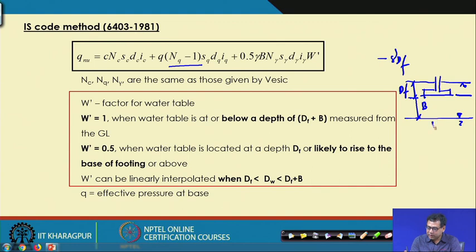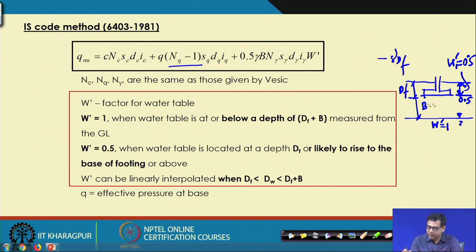So here within this zone the W dash value is 0.5, this is the recommendation given, and at this point also 0.5 and here 1.